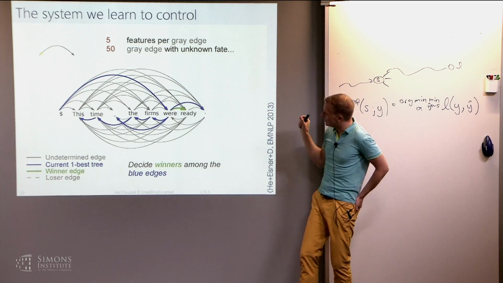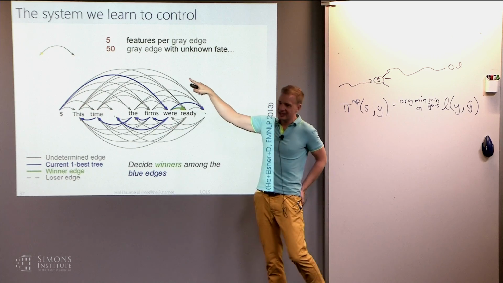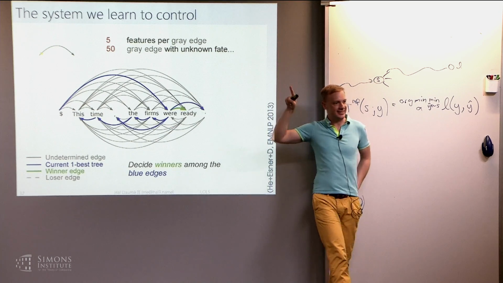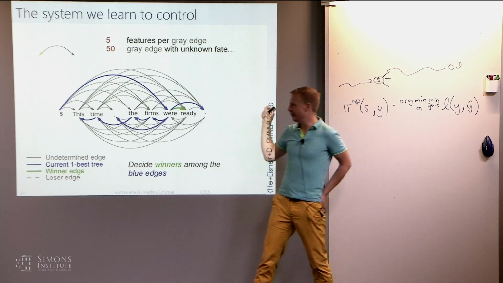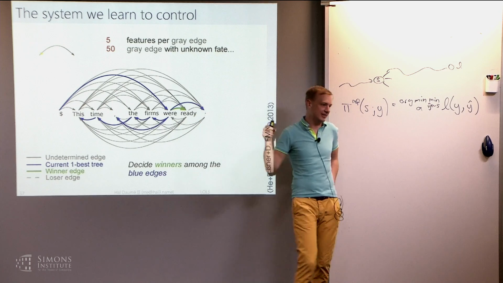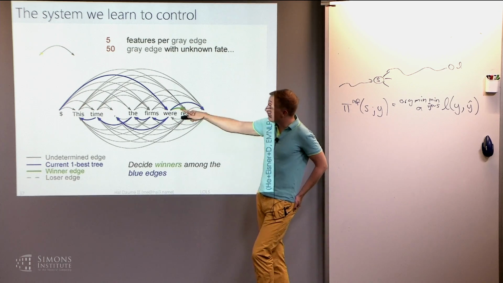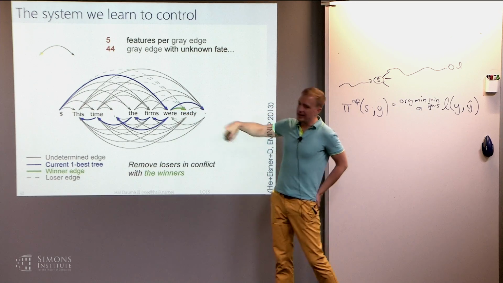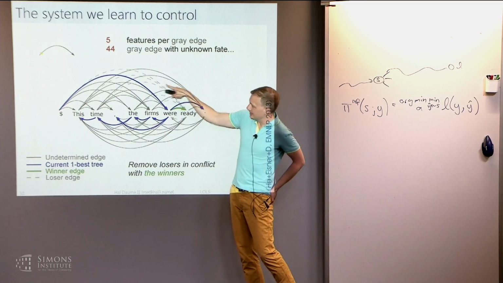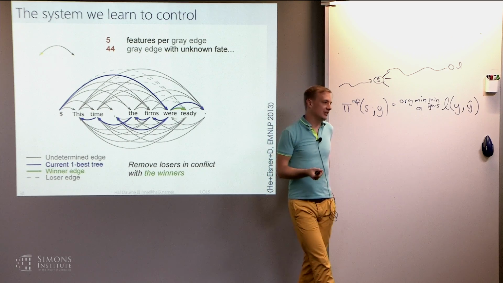Side note: it's super important that you only look at the blue edges and not every edge. If you look at every edge, you're now paying n squared and you lose. The reason you want to run the parser over and over again is so that you only look at a subset of the output at each step. Now for all of the non-locked edges, we throw out the ones that are inconsistent with this edge, and for all of the remaining edges, we add some more features.